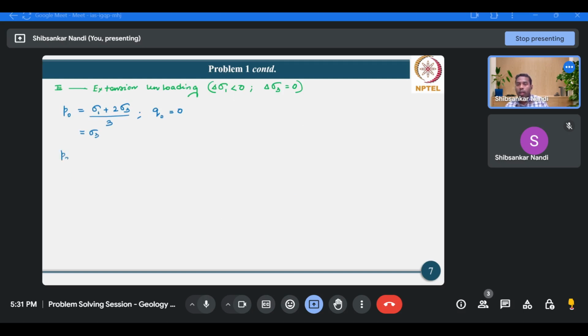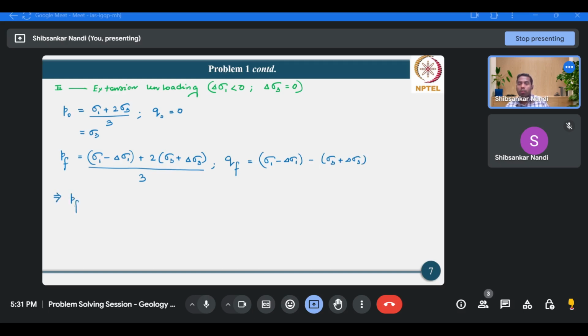Now coming to the final condition, PF will be sigma 1 minus delta sigma 1 plus 2 sigma 3 plus delta sigma 3, by 3, and QF is sigma 1 minus delta sigma 1 minus sigma 3. Oh sorry, not plus, it's minus.